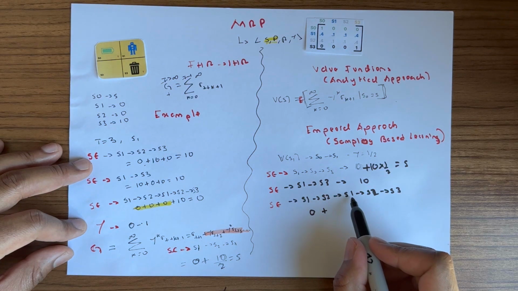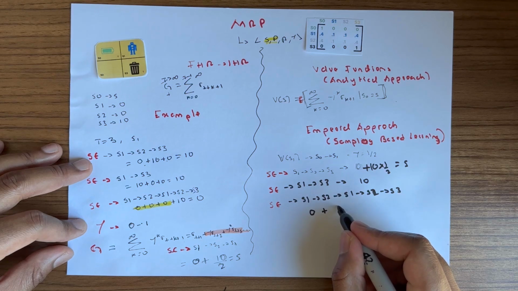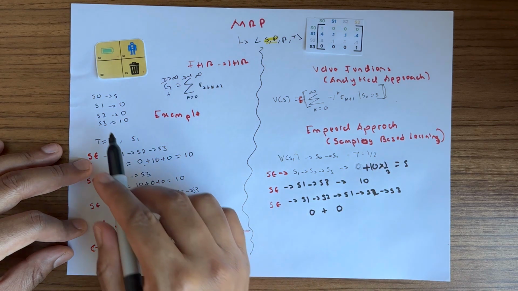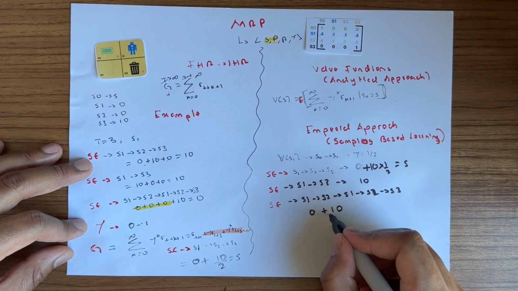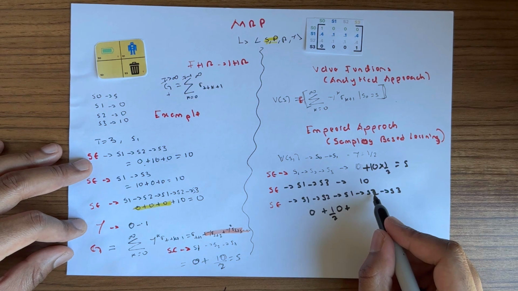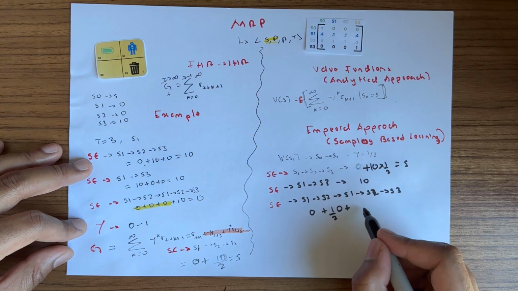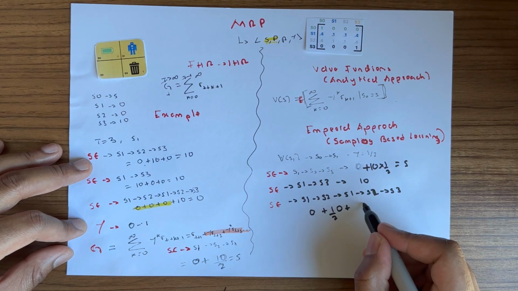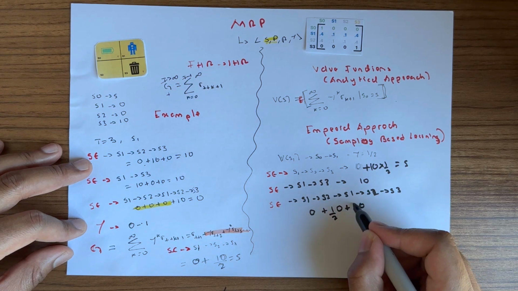From S2 to S1 I get a reward of 0, but discounted. Then plus, from S1 I go to S2. S2 also has a reward of 0, but it's also going to be discounted by 1 over 2, this time to the power 2.